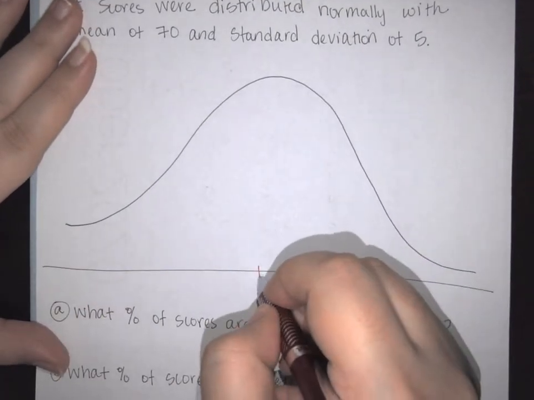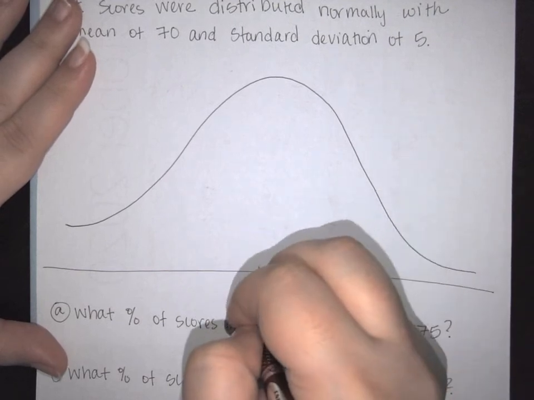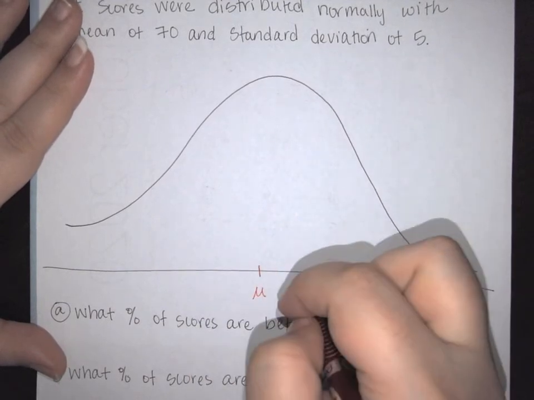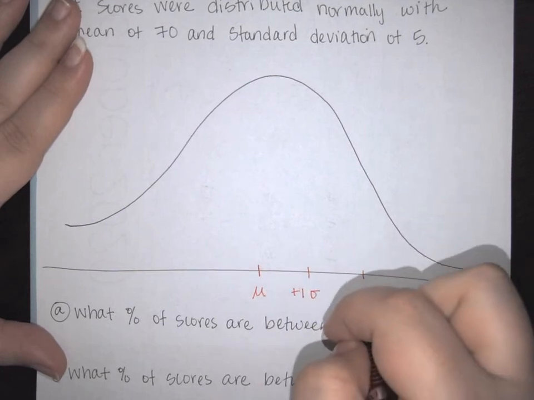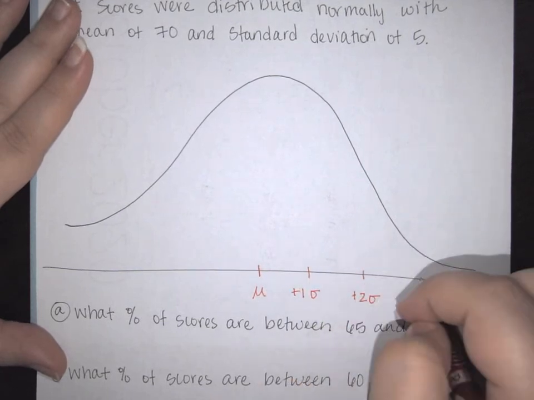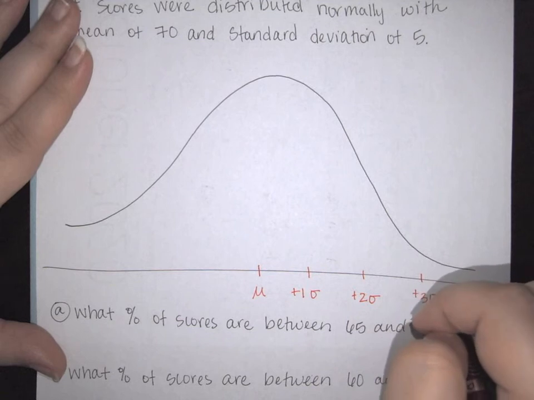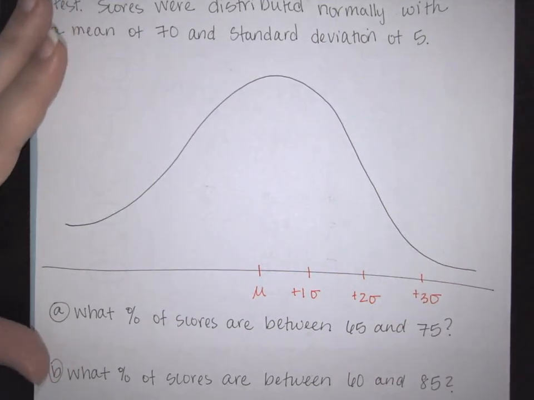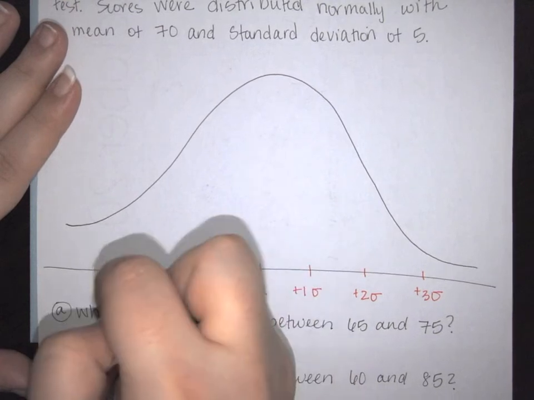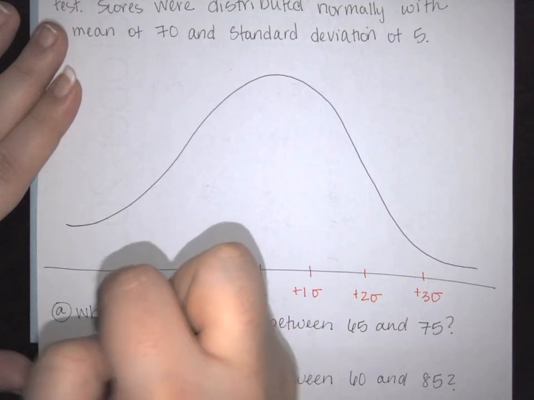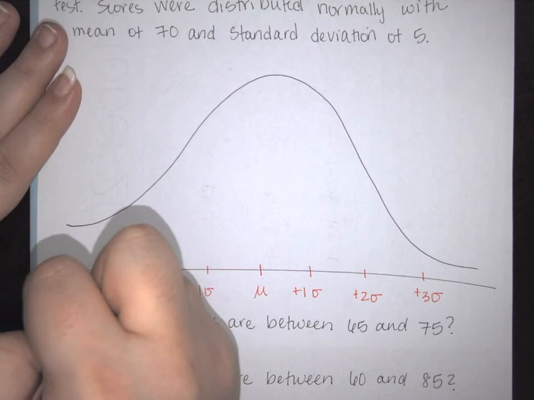Here in the middle is going to be your mean, and then you're going to have 1 standard, 2 standards, 3 standards. So we're going to add, and then on the other side we're going to subtract. So then minus a standard, minus 2 standards, minus 3 standards.